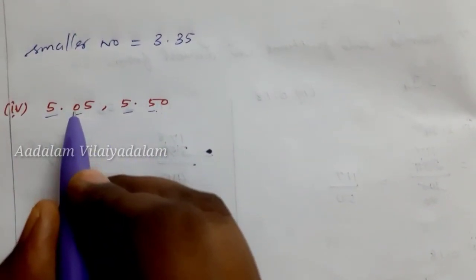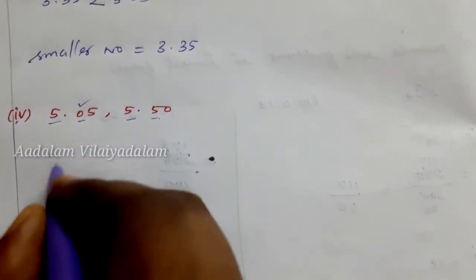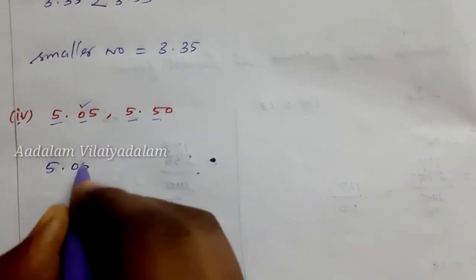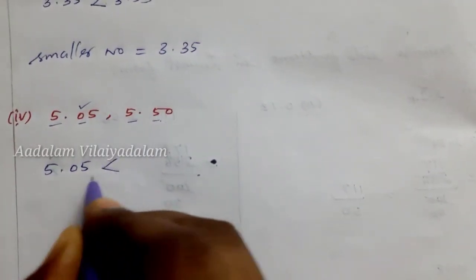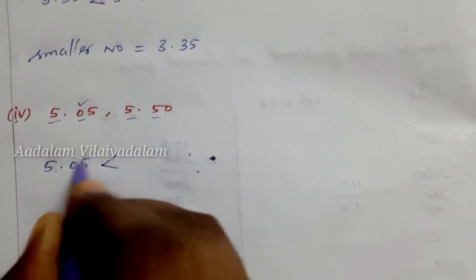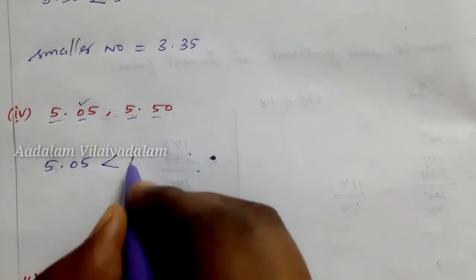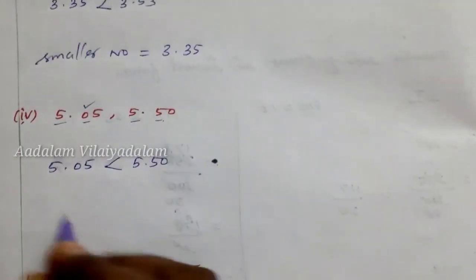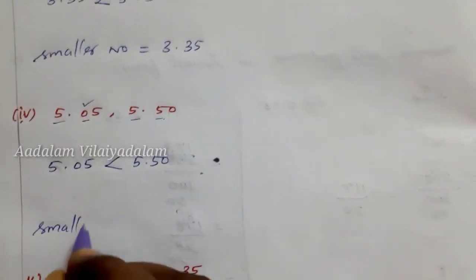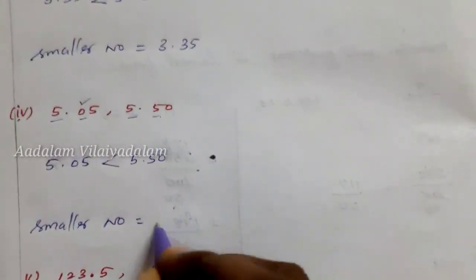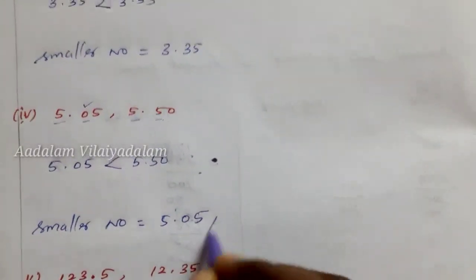So 0 is the smallest one. Therefore we can write 5.05 is less than 5.50. The small tip denotes the smaller number, the open tip denotes the bigger number, that is 5.50. Therefore the smaller number is equal to 5.05.